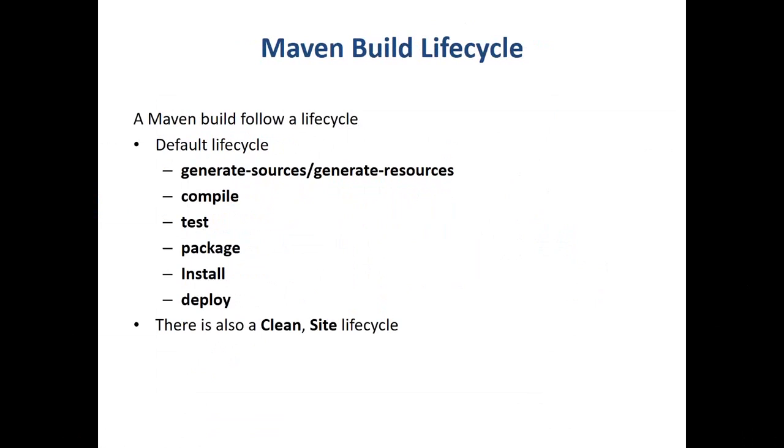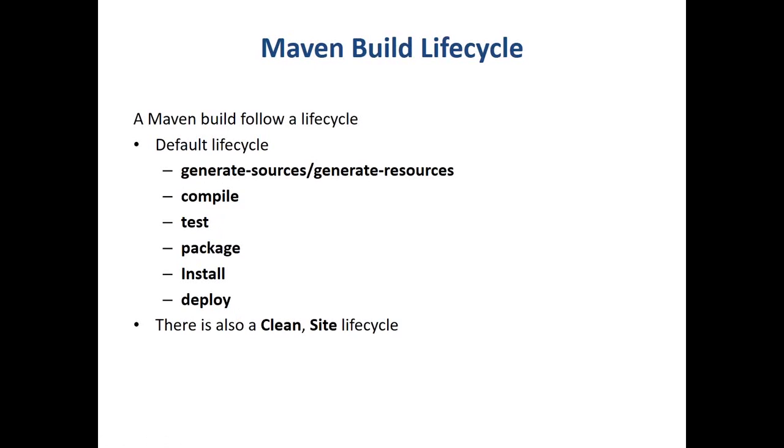So these are the phases of Maven, which it goes through from the beginning to the end by default. And when I say from the beginning to the end, no matter which phase you call, it will always start from the beginning and go in the same order. So let's say you are interested in creating the package only.